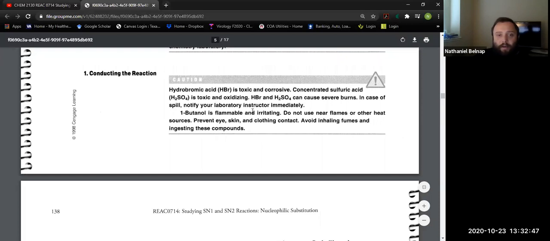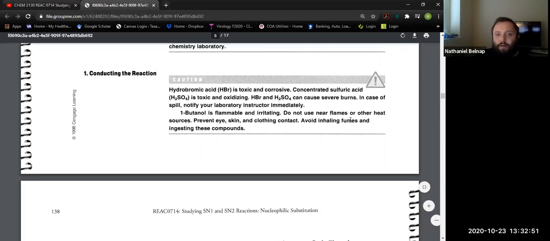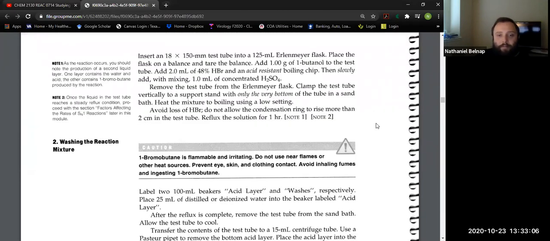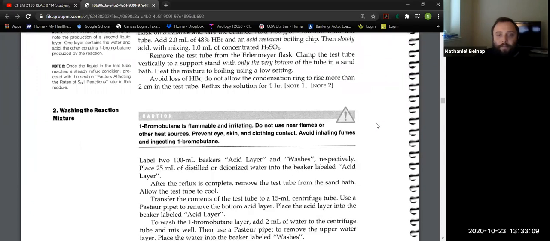And here's just a little tidbit about how it causes burns and things like that. So again, that's why we wear our gloves and keep our hair up and typically wear a lab coat of some sort. We don't really use flames in our labs, but if you did, knowing that this is flammable would be something to note.